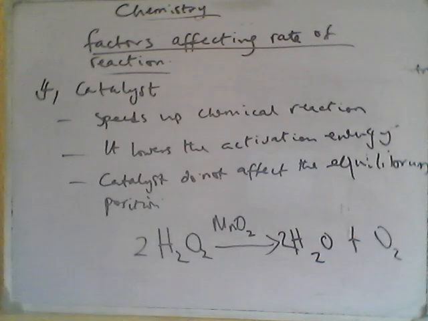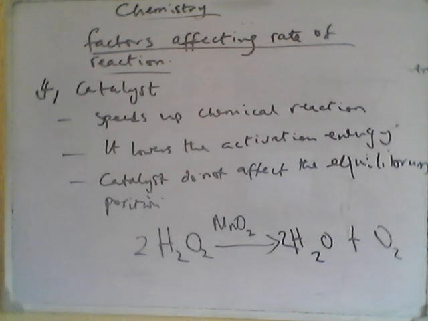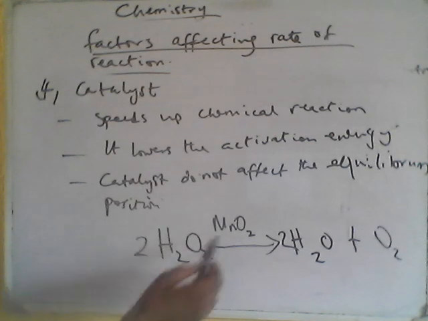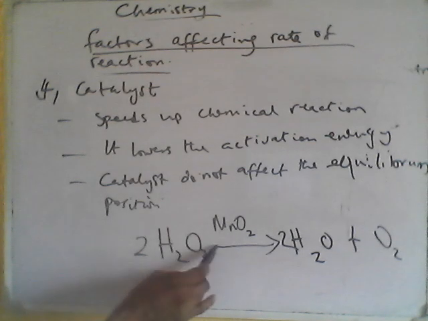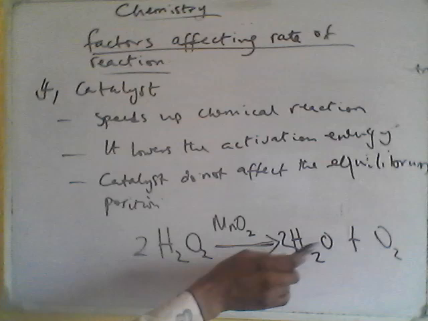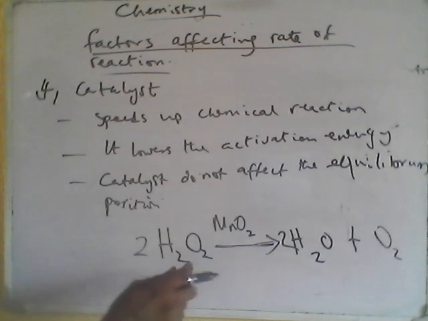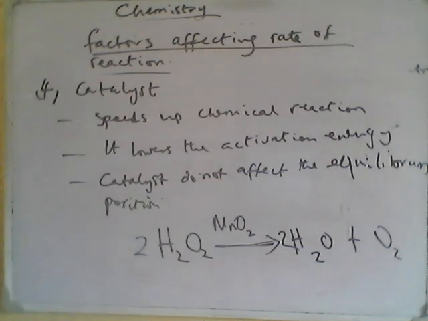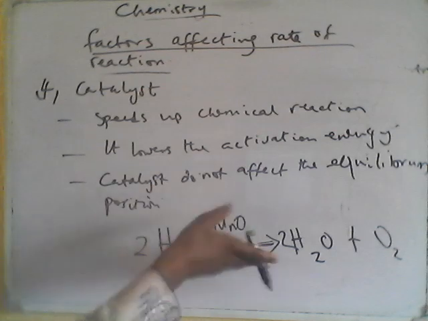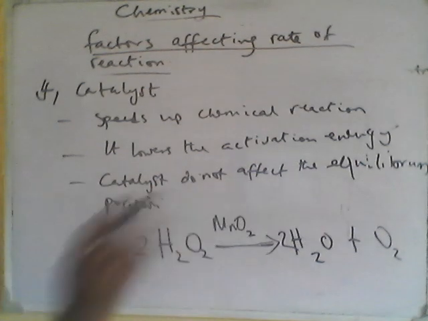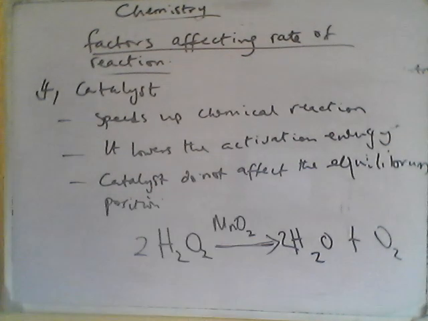Okay, you see how we put the catalyst. We put it on top of the arrow leading to the product. It's not part of the reaction actually, so that's why we put it on top of the arrow, to show that it's not part of the reaction, but it's there to tell us that it's a catalyst. All right. Okay, so we'll go into the next one, collision theory.